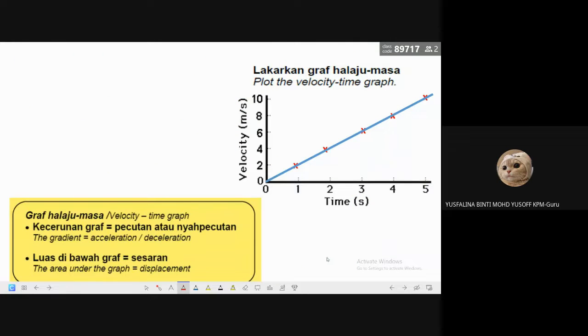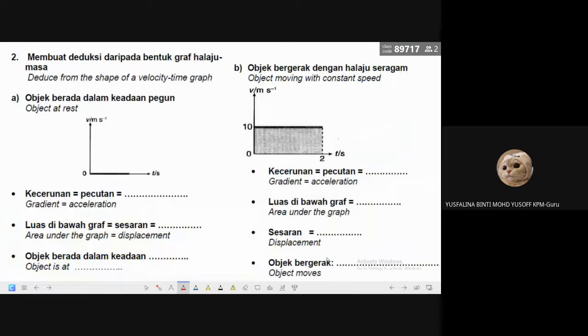Now we move to the next one. Let's see when the object is at rest. Again at rest, can you draw the triangle here? No. So no triangle, the gradient is 0. The gradient is 0 means the acceleration is also 0, because for the graph of velocity against time, the gradient represents the acceleration.